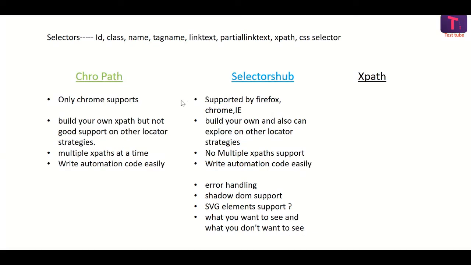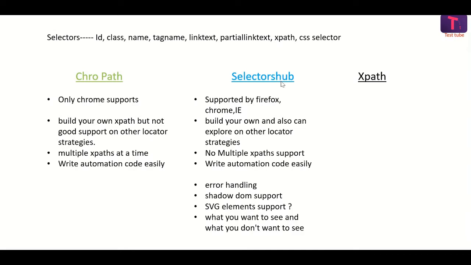As we see here, these are eight locator strategies: ID, class name, tag name, link text, partial link text, XPath, CSS selector. As you can see in this slide, we try to do a comparative tutorial about different XPath tools or locator tools which are available, and among them the most famous are ChroPath and SelectorsHub.